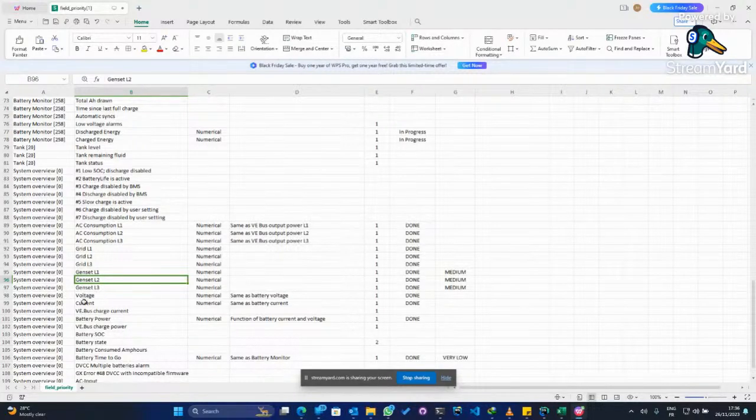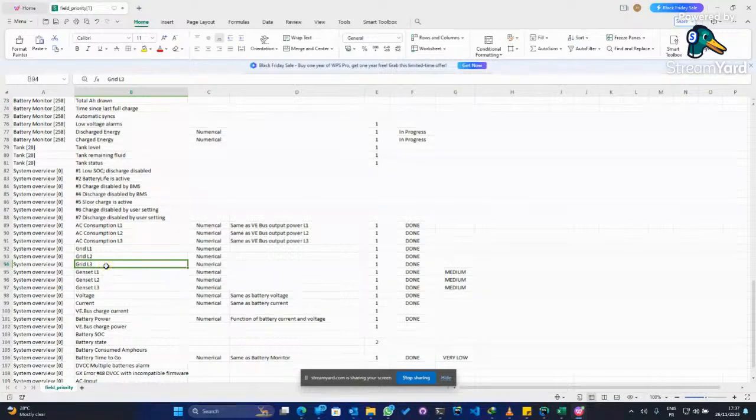The voltage and current of the system overview will always be the same as the voltage of the genset or the grid, whichever is active. So the system overview displays the most important values of the system, depending on the power source.